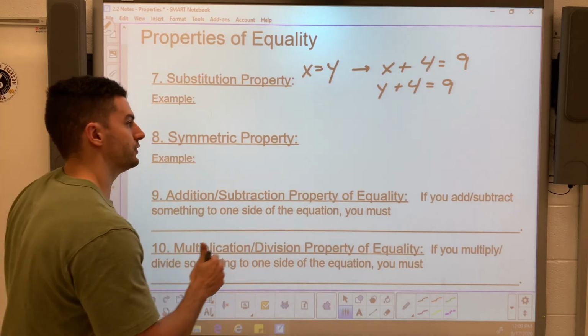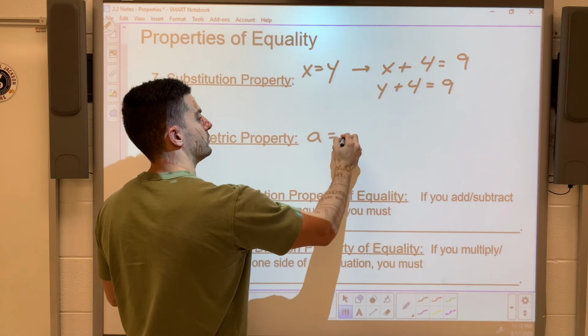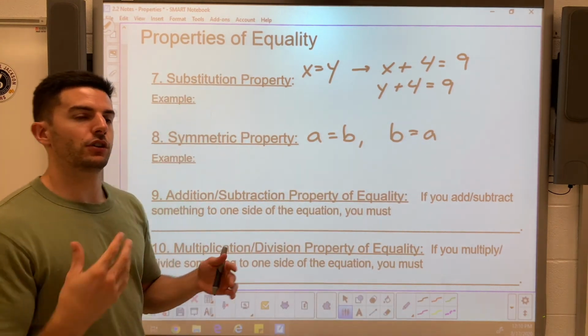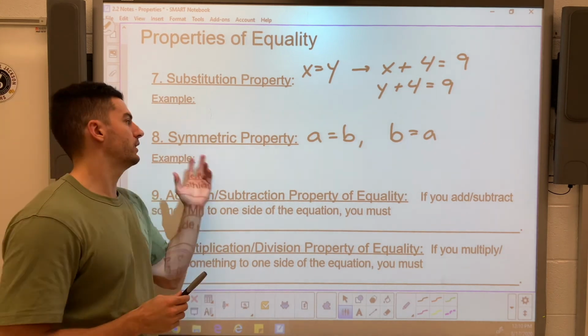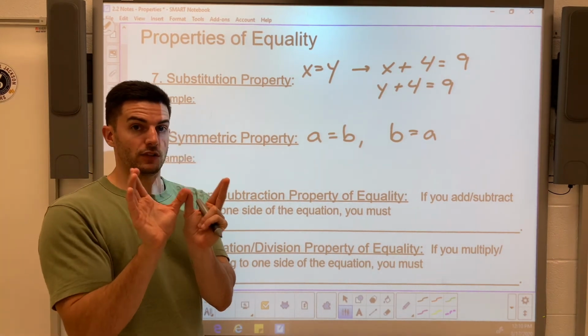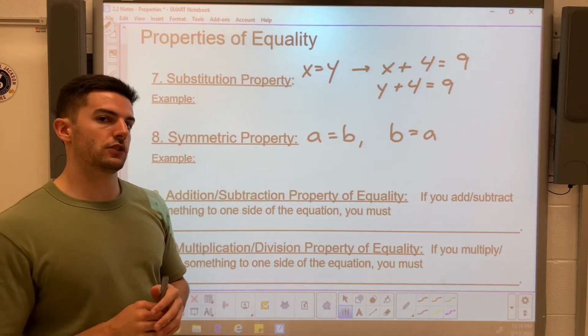Symmetric property is an interesting one. So the symmetric property says if A equals B, then B equals A, right? So you think about the word symmetric. Within that is the word symmetry, and symmetry is when something is the same on one side as it is on the other. And that's what's happening with these equations too.